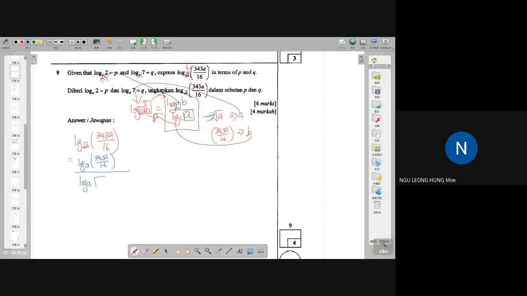Yang ini. So kita tengok ini, atas ini, log A, dia ada fraction kan, dia ada pecahan. So that means 343A minus log A 16 over, okay, this one is log A 1 over 2, power 1 over 2.